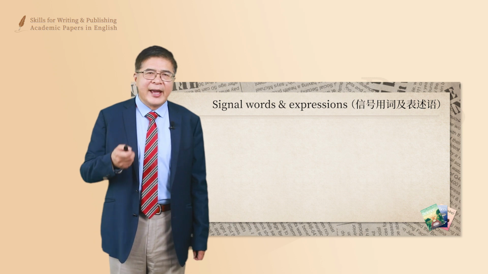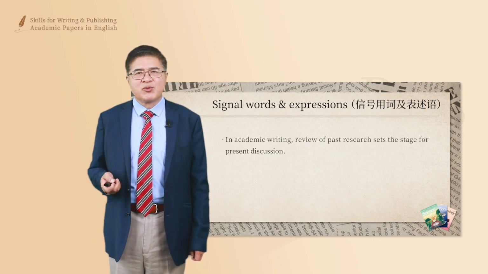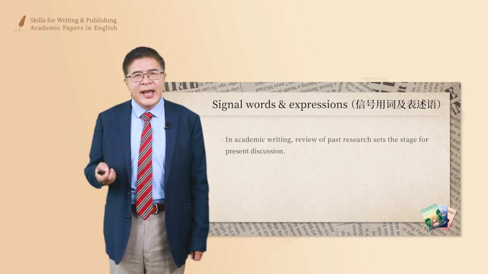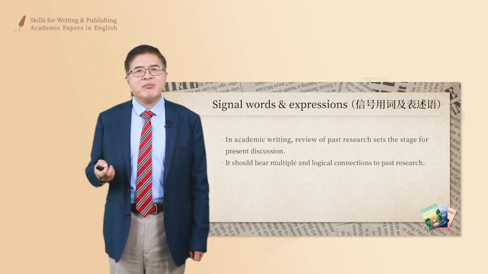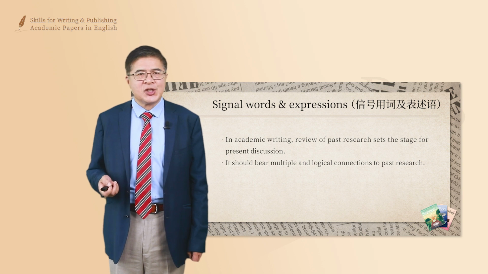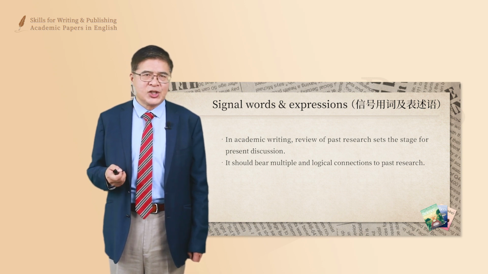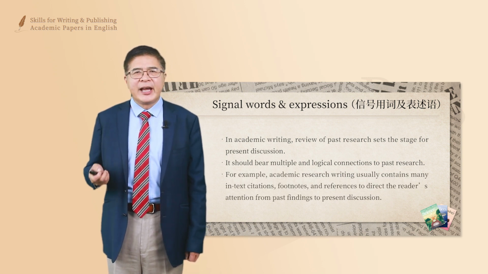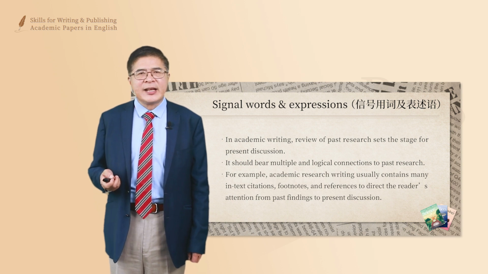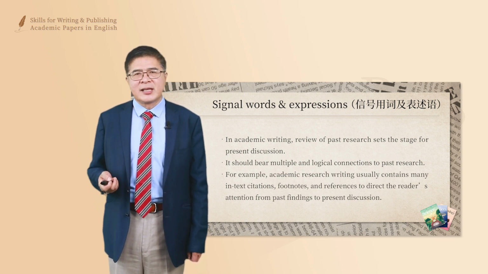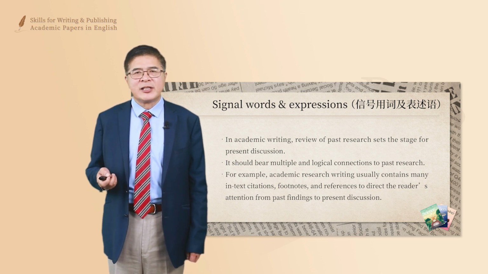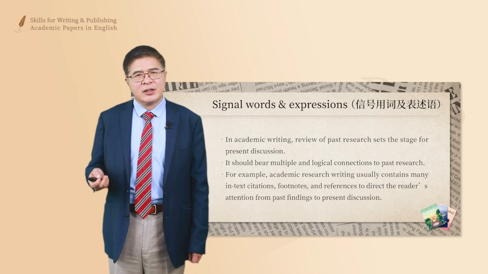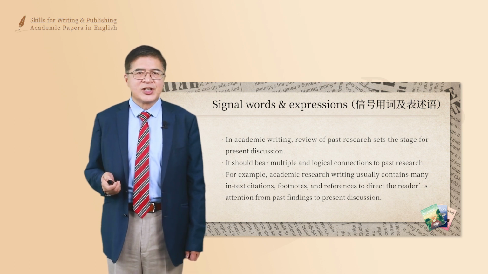Specifically, in academic writing, review of past research sets the stage for the present discussion, and it should bear multiple analogical connections to the past research. For example, academic research writing usually contains many in-text citations, footnotes, and references to direct readers' attention from past findings to present discussion.